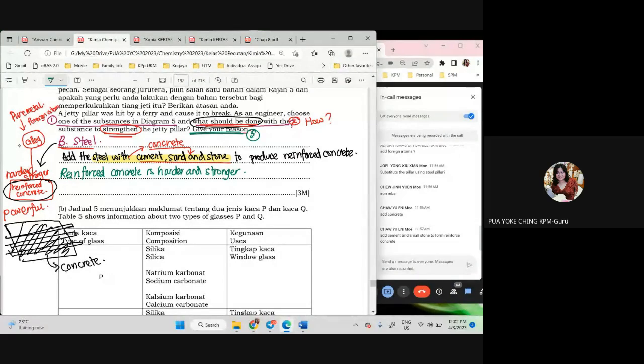Okay, BM version. BM version, harder and stronger, translate in BM is?